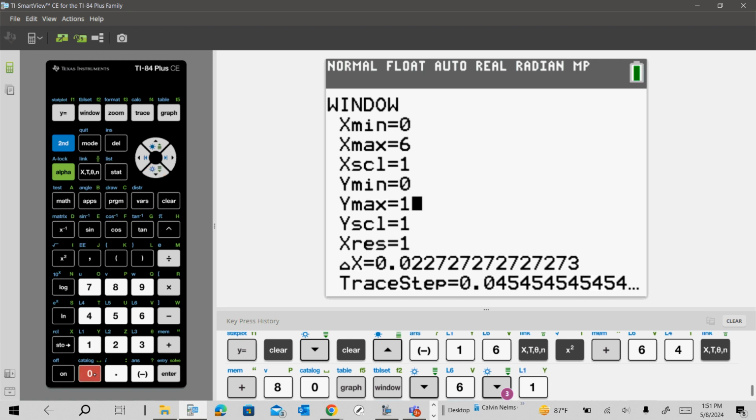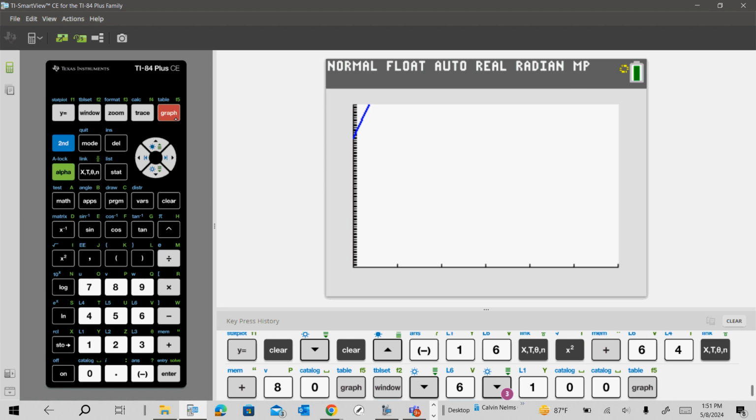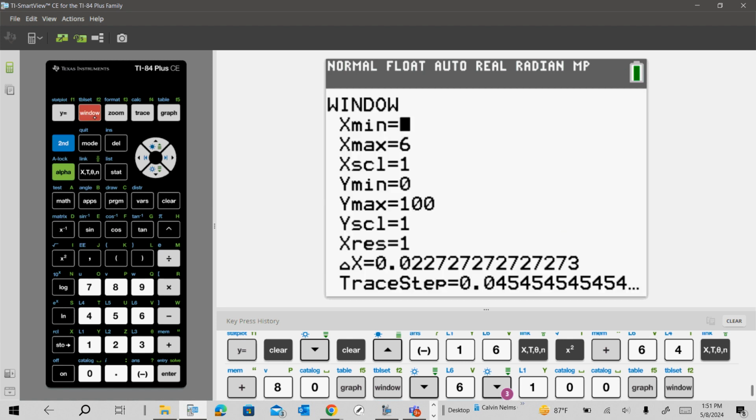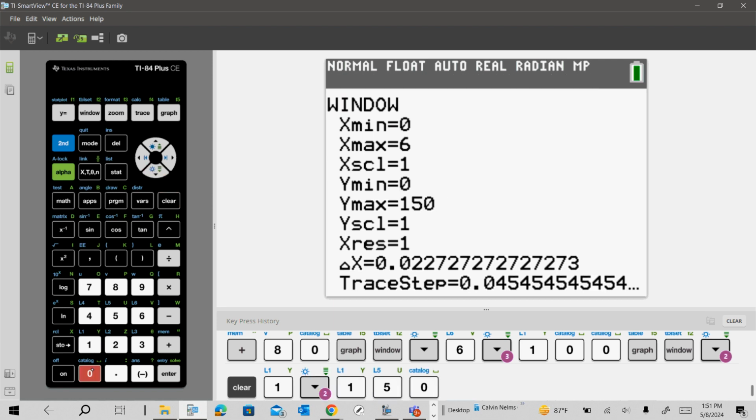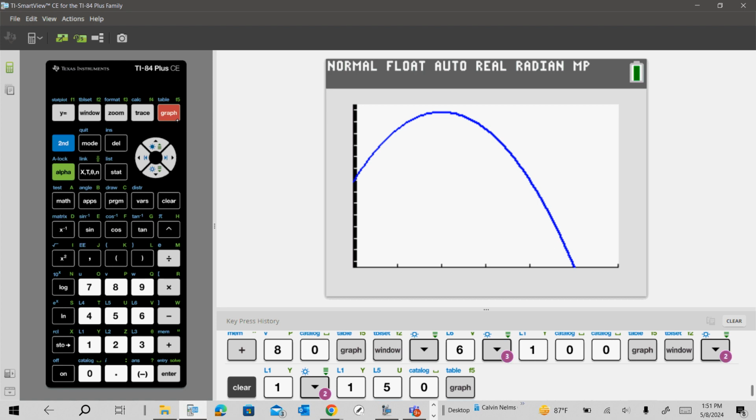Let's start at 100 and see if that's enough, because we're starting at 80. So 100 is not enough. So let's try, oops, the scale is still 1, sorry. Let's try 150. There we go, okay.